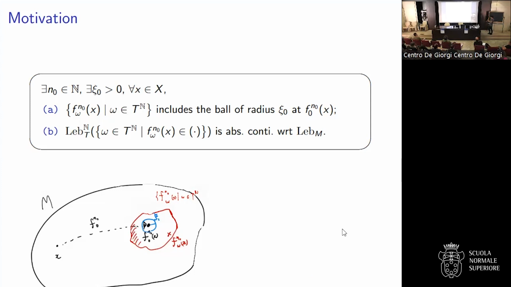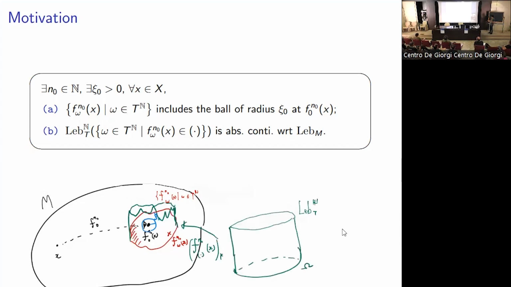Some of you already imagine additive noise, and this kind of condition is satisfied for additive noise. This is the topological side, and you also assume a measure theoretical side.